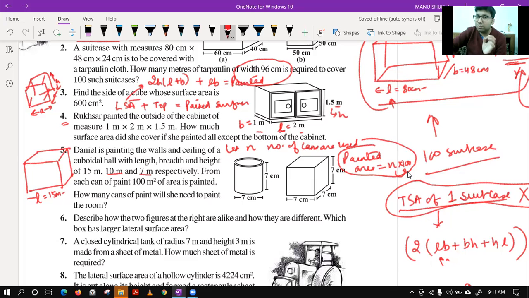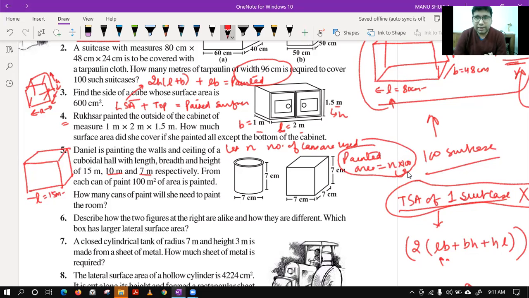We have n number of cans, so the total area painted by n number of cans will be given by n into 100 meters square, and this should be equal to the actual painted area of the hall. So class, are you able to understand the statement given by me? This is the problem statement that we have written. After this only, we will put the values and write the formulas and find the answer.